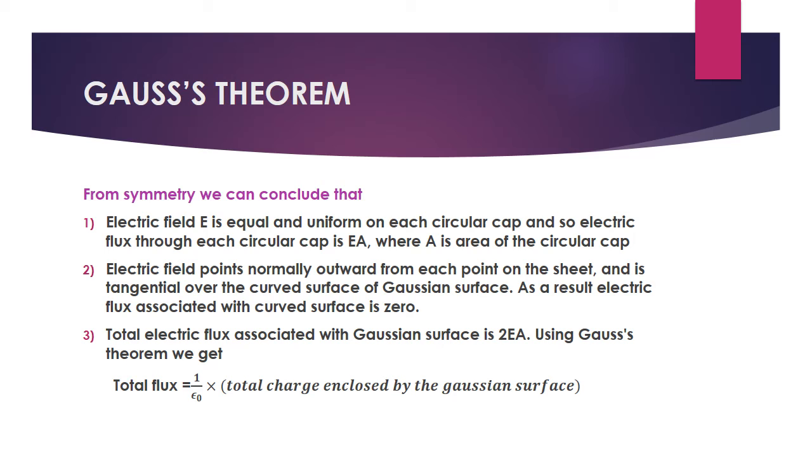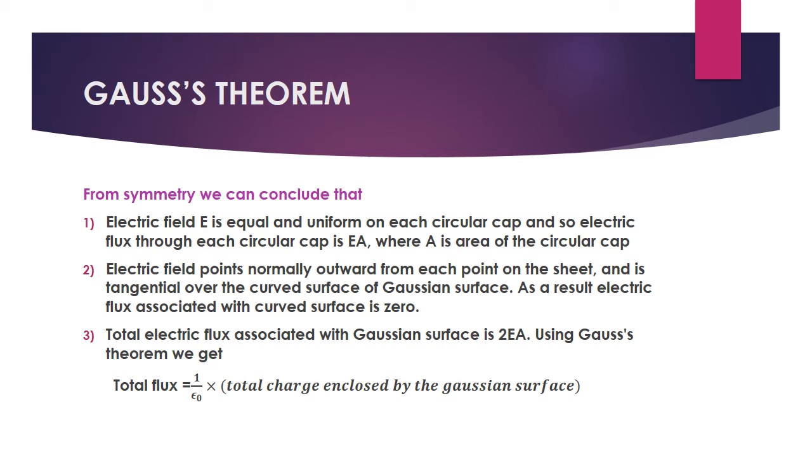Electric field E is equal and uniform on each circular cap. So electric flux through each circular cap is E multiplied by A, where A is the area of the circular cap. That means the total electric flux associated with both the circular caps should be equal to double of this value, that is 2 multiplied by E multiplied by A.